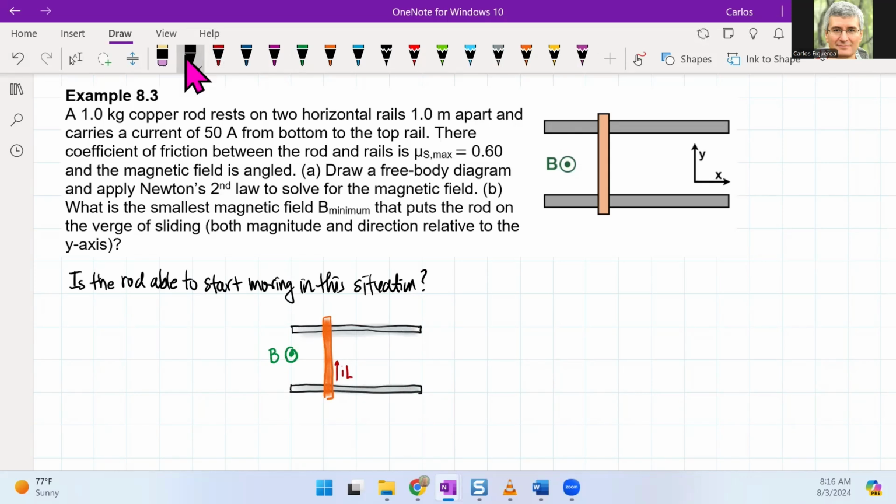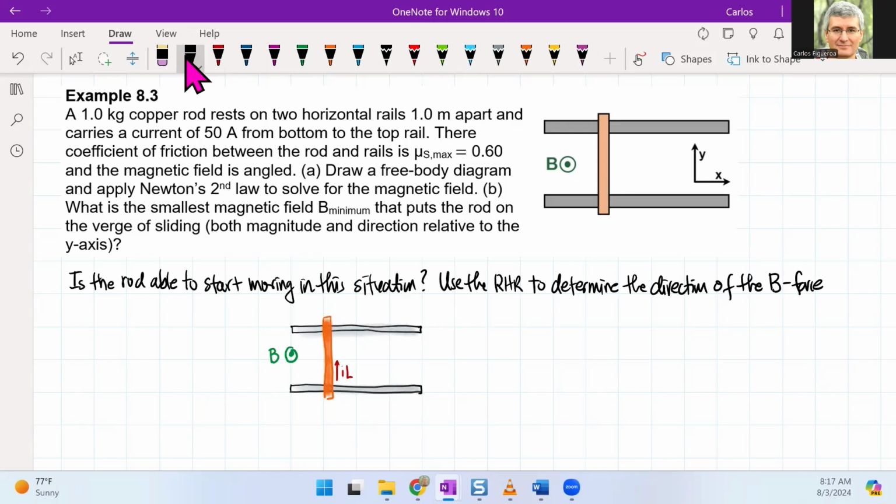So what we need to do is use the right-hand rule to determine the direction of the magnetic force.